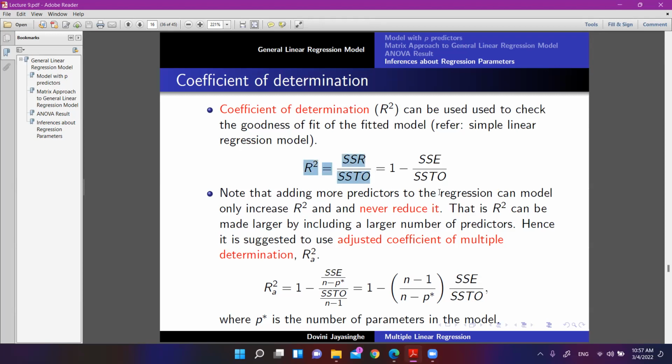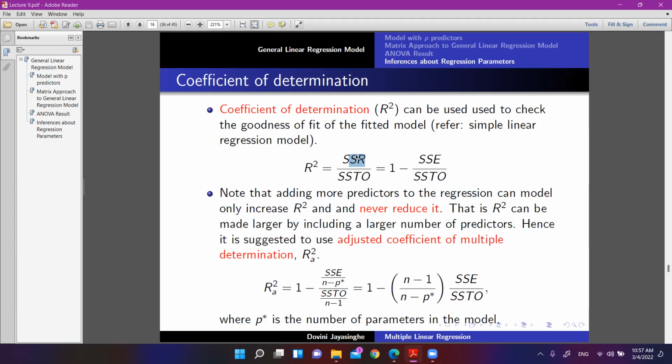It is misleading, right? Note that adding more predictors to the regression model can only increase R squared and never reduce it. Because in multiple linear regression, we have so many predictors. So we keep on adding predictors and our sum of squares of regression anyway increases. When we have a lot of predictors, every summation comes under this, right? So just because we have a lot of predictors in the model, we cannot say the model is good.